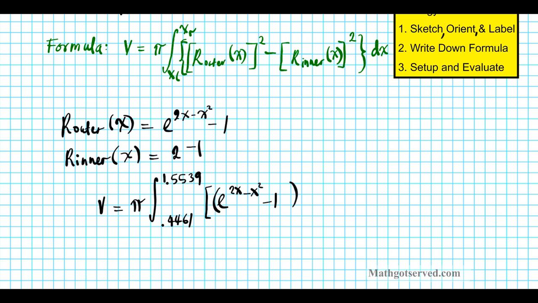Remember, the formula is our outer squared minus our inner squared, and our inner is simply 2 minus 1, which we also square. This entire thing dx. And that is the expression for the volume when region R is rotated about the axis y equals 1.